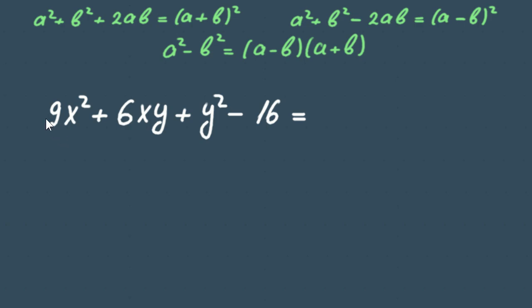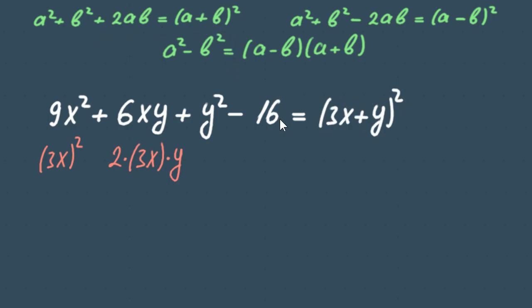9 is 3 in the second degree. I'll write the first term in this polynomial as 3 times x and all of that squared. The second term in a polynomial I'll write as 2 multiplied in brackets, 3 multiplied by x and multiplied again by y. Now we can apply the formula for the square of the sum of the first 3 terms of the polynomial.